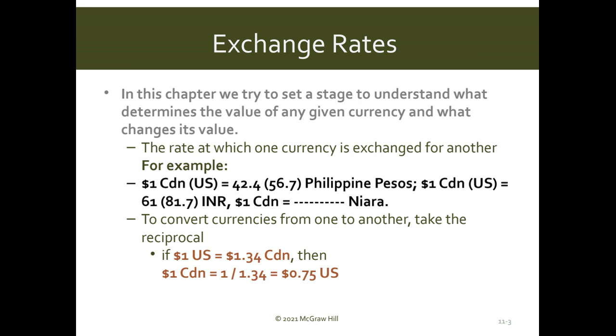What I'm trying to tell you is that the purchasing power of 1 Canadian dollar in Canada is much lower in reality than the purchasing power of 61 Indian rupees in India. So you have a higher purchasing power with 61 Indian rupees in India compared to 1 Canadian dollar in Canada. So this is the issue.